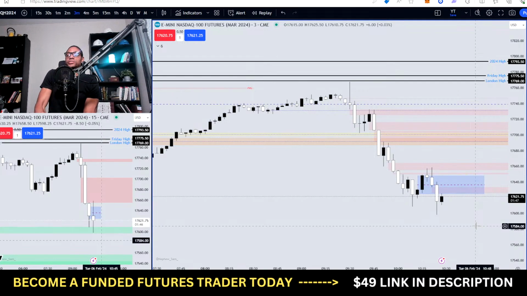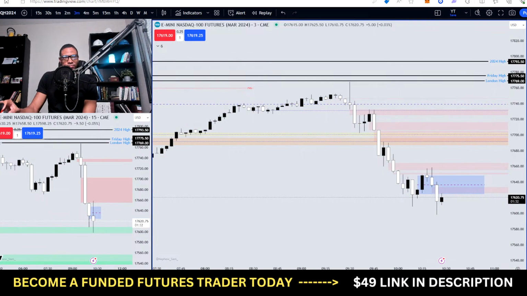Not a little stair step up. We want to get speed. We want to see it push through quickly with a maximum of like 2 candles. A minute more on this candle.